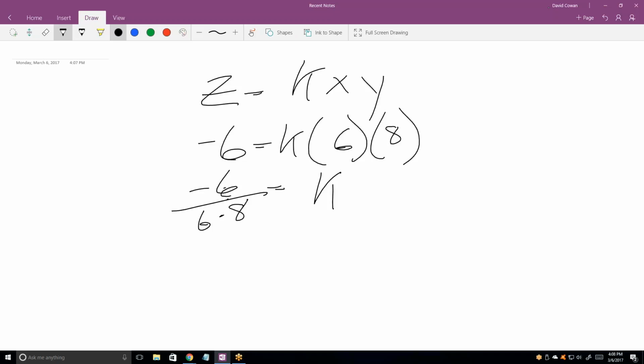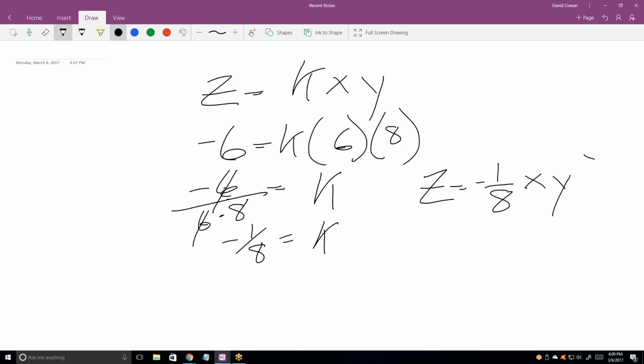Now I can cancel the 6's, and I get k equals what? -1/8. Yeah, -1/8. Okay, so now I have a specific equation that applies. In other words, I've figured out what my k is, and there's my equation for this model. Now, find z when x is 5 and y is -6.